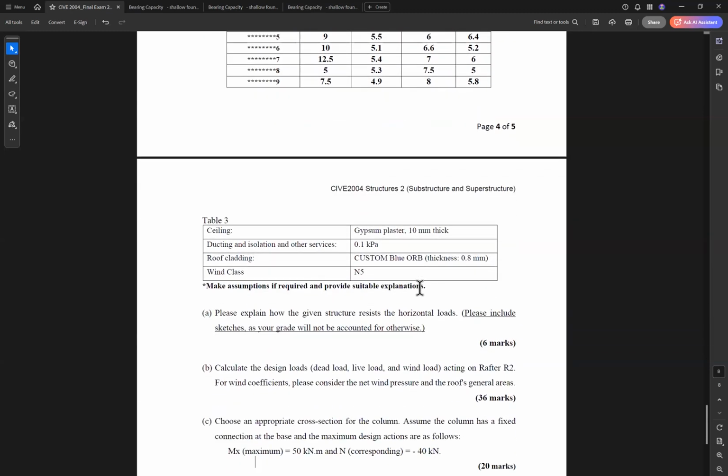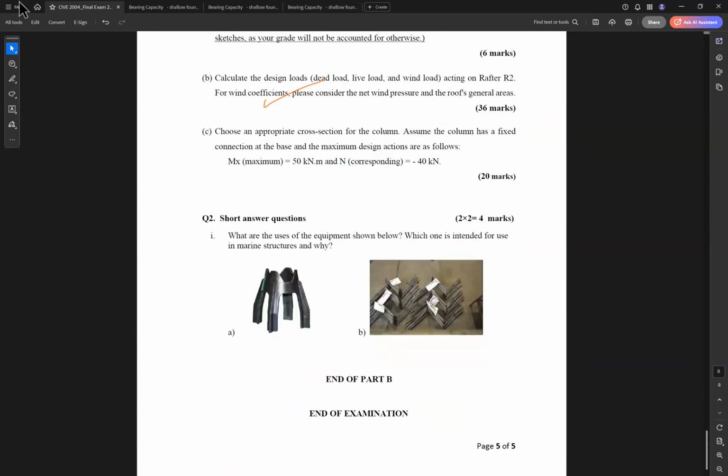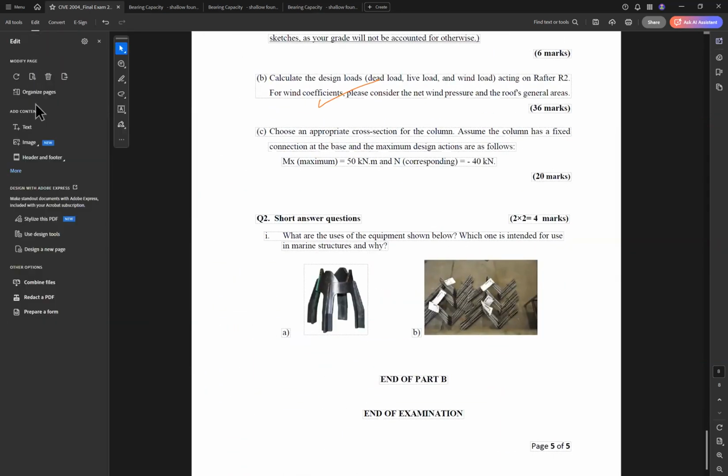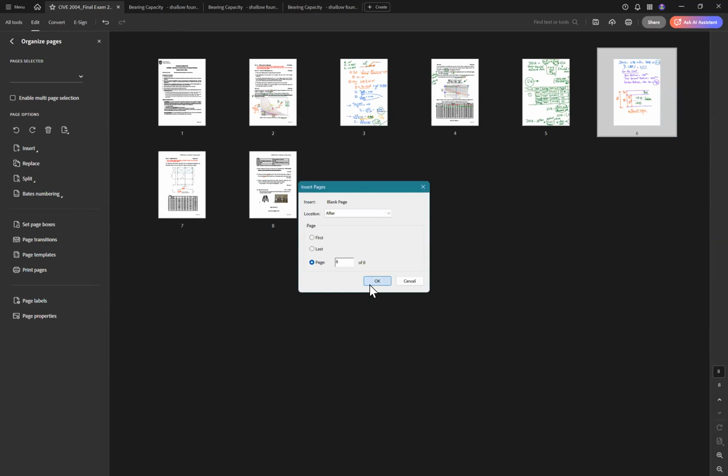So in week 12, we have done something like this: calculate the design loads, dead load, live load, and wind load acting on rafter R2. So this is how to find dead load, live load, and so on. If we add one question here to the rafter, I think you already have gone through it. If we ask about how to draw the bending moment diagram and shear force diagram and so on, is it easy for you?